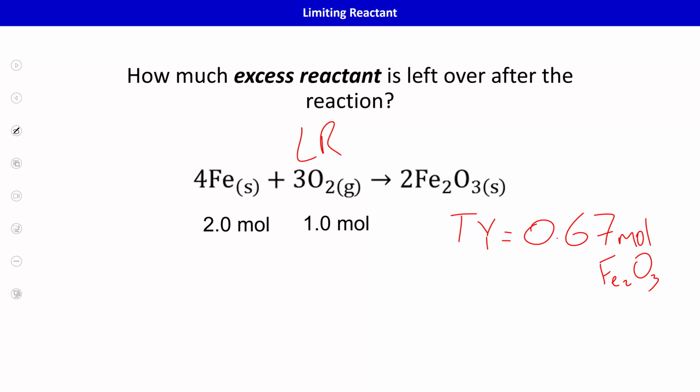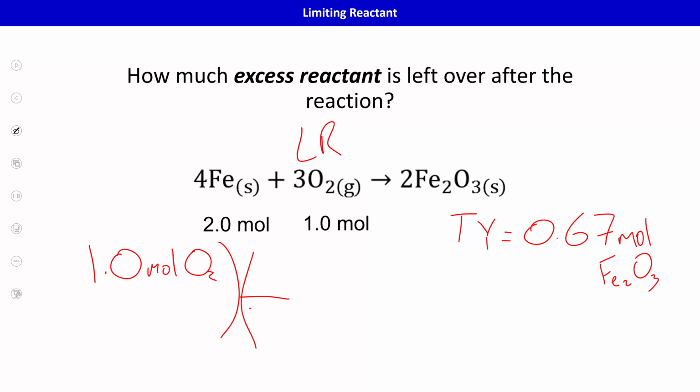Because we can say, okay, if my limiting reactant gets all used up, how many moles of iron got used? And we're still just going to go back to their coefficients.